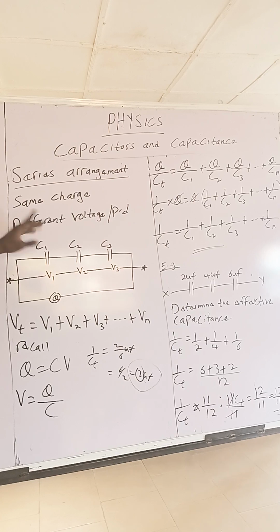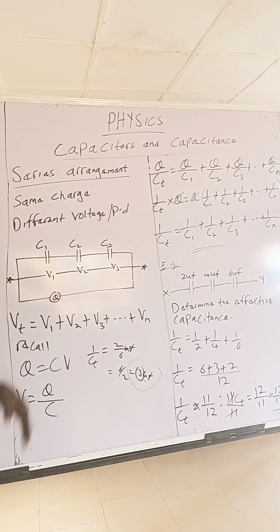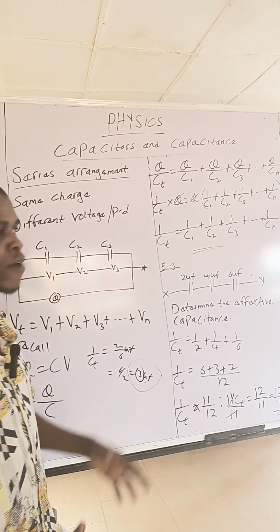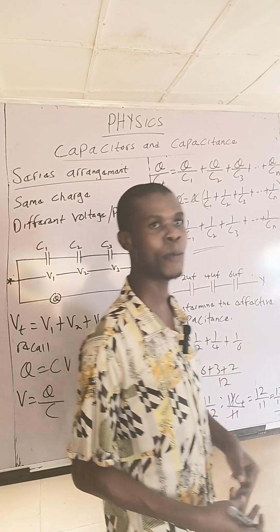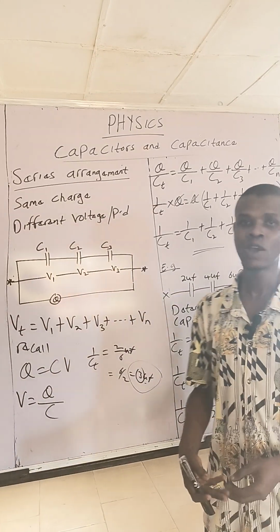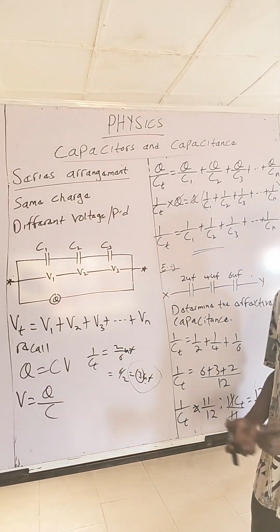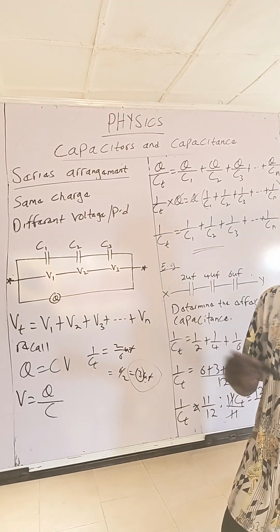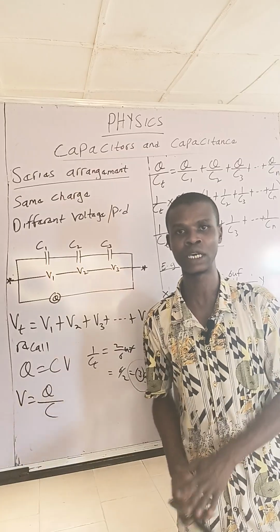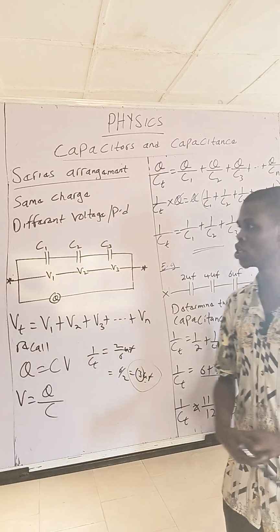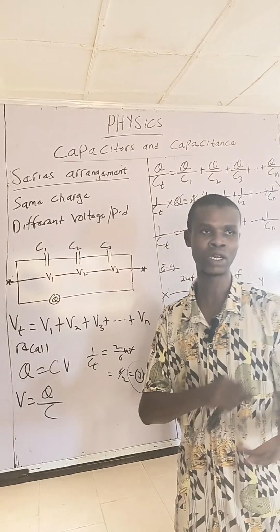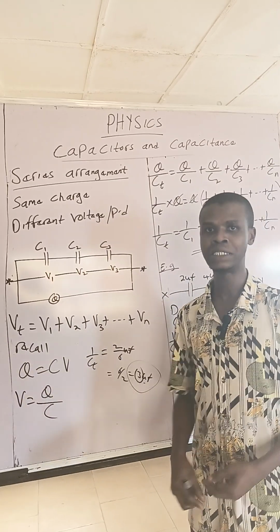As we said earlier, a capacitor is a device that stores electric charges, and we have 2 forms of arrangement of capacitors. We have the series arrangement and we have the parallel arrangement. We have parallel arrangement when they have the same voltage or potential difference across them but different electric charges, which is just the summation of the capacitance of each of the capacitors.